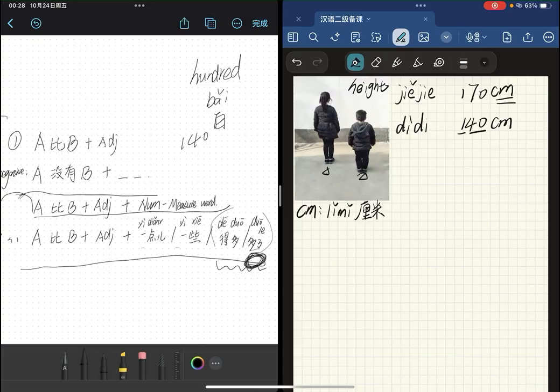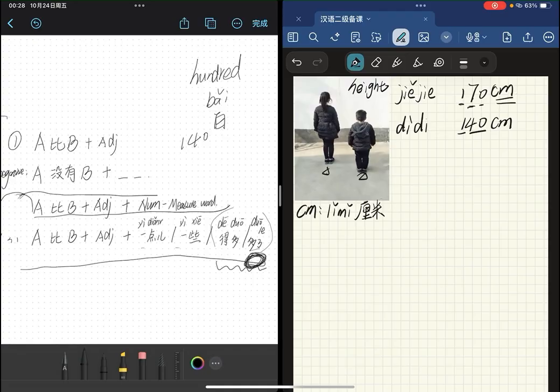In daily life, when we say someone's height, we can say 170厘米, or we can just read the numbers in order, like 170, and you don't need to add the centimeter.